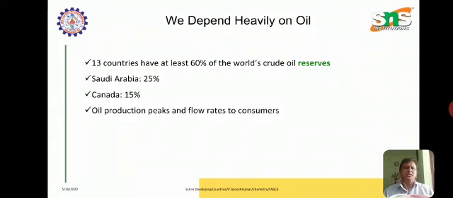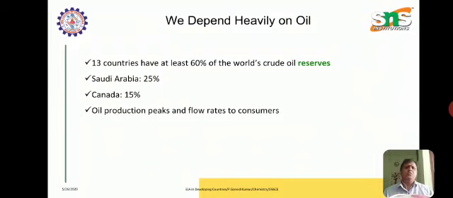At least 13 countries in the world have 60% of the crude oil reserves. Particularly Saudi Arabia has 25% of world crude oil reserves, Canada 15%, and there are oil production peaks and flow rates to the consumers. India also mostly depends upon Saudi Arabia and Iran to get oil. So around 13 countries have 60% of the oil.